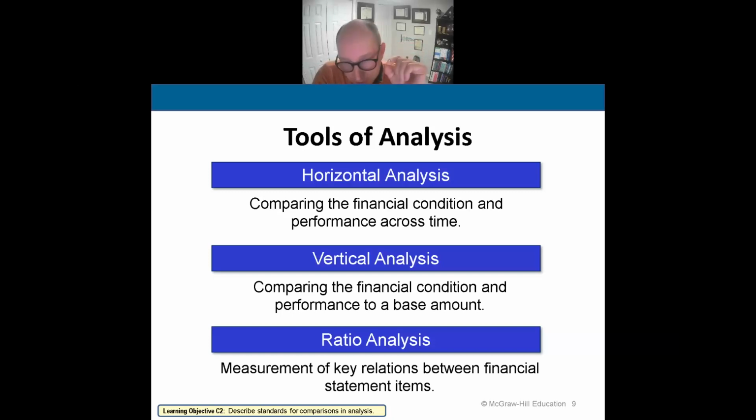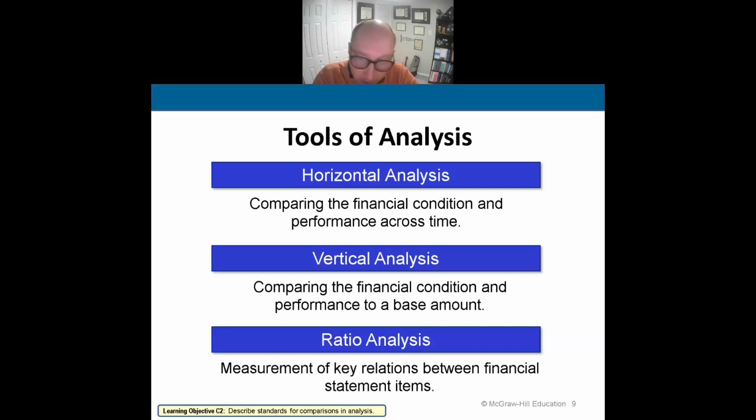For vertical analysis, I can look at my financial performance expressed as a percentage. Okay, here's what I mean by this. For vertical analysis, I can compare vertically, up and down, yes? For each financial statement. Here's how it works.